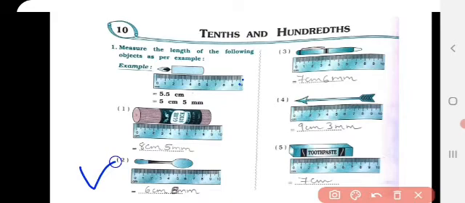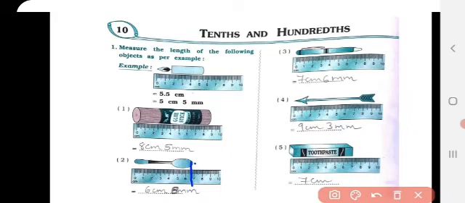It extends beyond 6 and comes slightly towards 7.